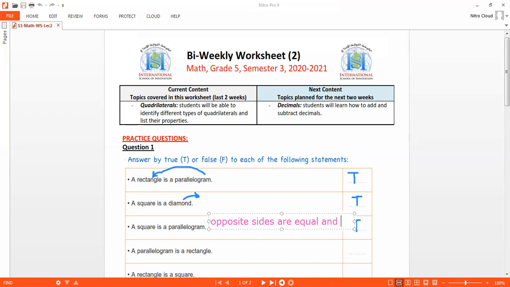Yes, Hassan. And parallel. Very good. Is this property found in the square? Can we find this property in the square? Yes. Very good. So that's why we say a square is a parallelogram. Thank you, Hassan. Yes, Majid, you have a question?